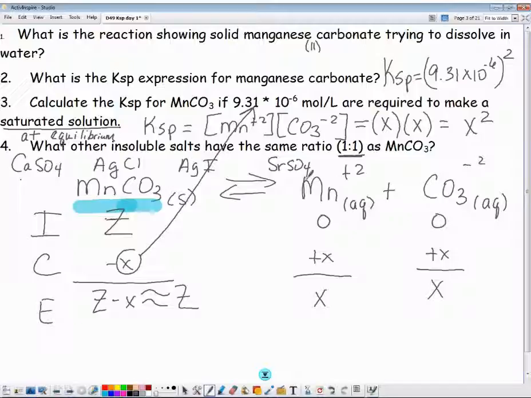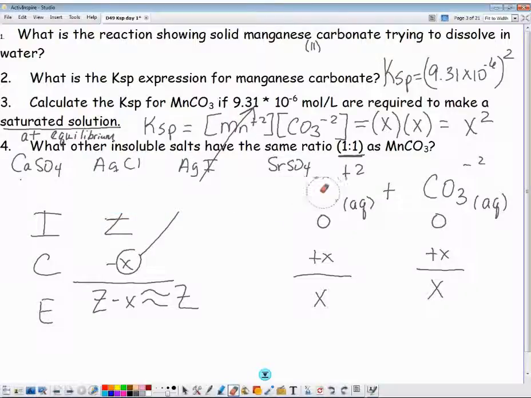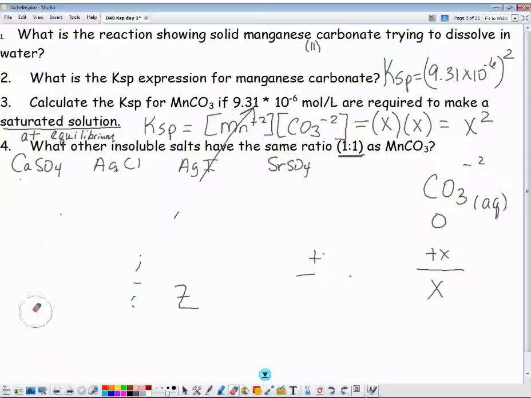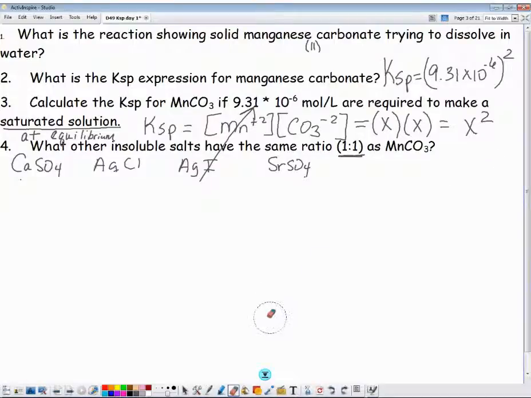Okay, so let me grab my handy dandy eraser real quick, and let's just look up KSP values for those 4 and see who is the least soluble and who is the most soluble out of the ones that you gave me. All right, but I do need a value. Who has the value for the MnCO3 KSP value, that squared? 10 to the -11, right?